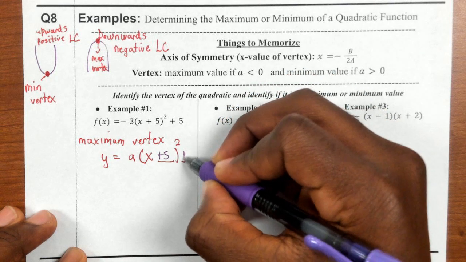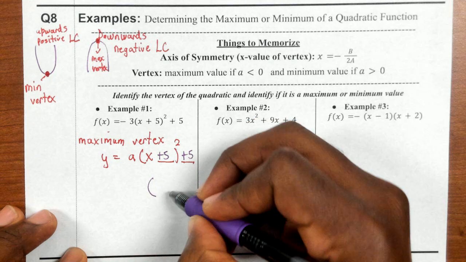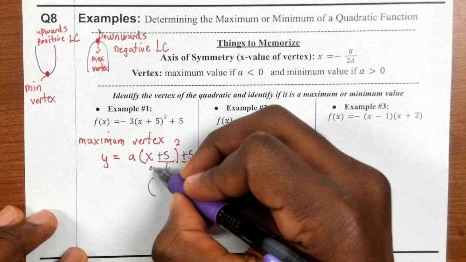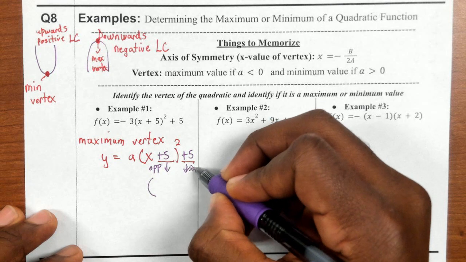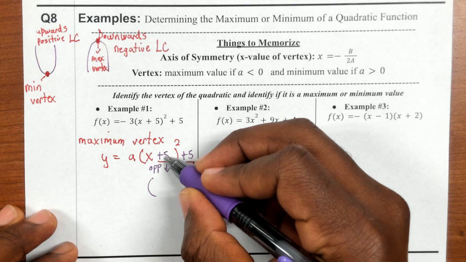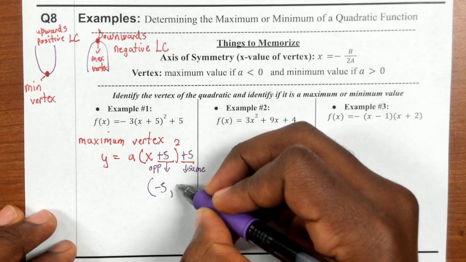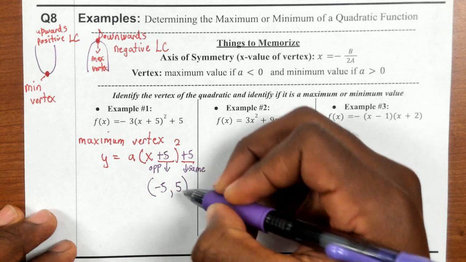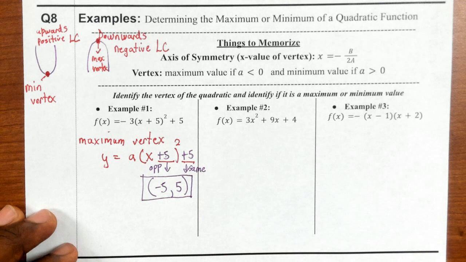However, to represent that vertex, you always do the opposite of the number inside the parentheses and then the same as the number on the outside. Opposite of a positive 5 is negative 5. Same as a positive 5 is positive 5.